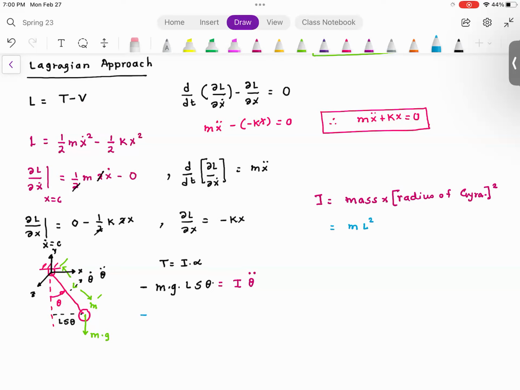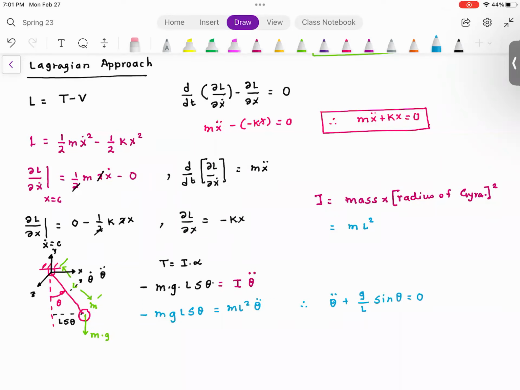So I'm going to substitute: minus mg L sine theta is equal to m L squared theta double dot. If I cancel out, L gets cancelled, m gets cancelled, and I get theta double dot plus g over L sine theta is equal to 0. Do you agree with me?